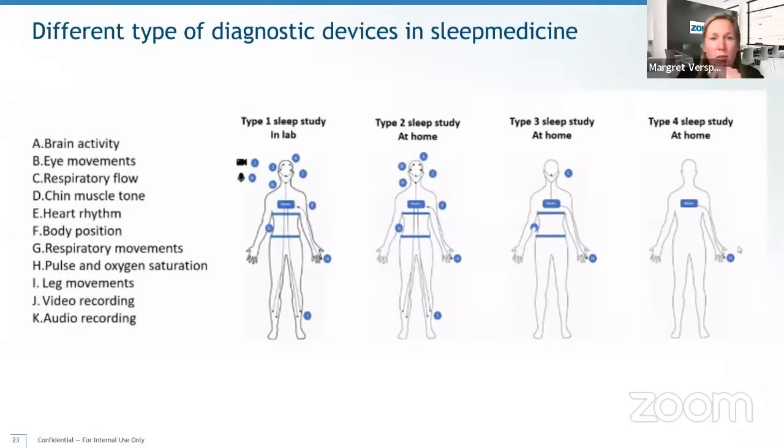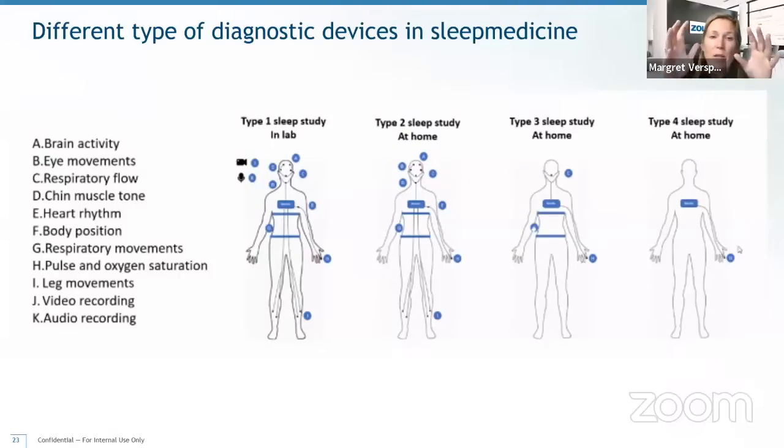This is the gold standard, PSG. Yes. So what we measure is brain activity, eye movements, the respiratory flow, chin muscle tone, the heart rhythm with an ECG, body position, respiratory movements in the abdomen and the thorax, pulse, oxygen saturation, leg movement activity, but also video recording and audio recording.